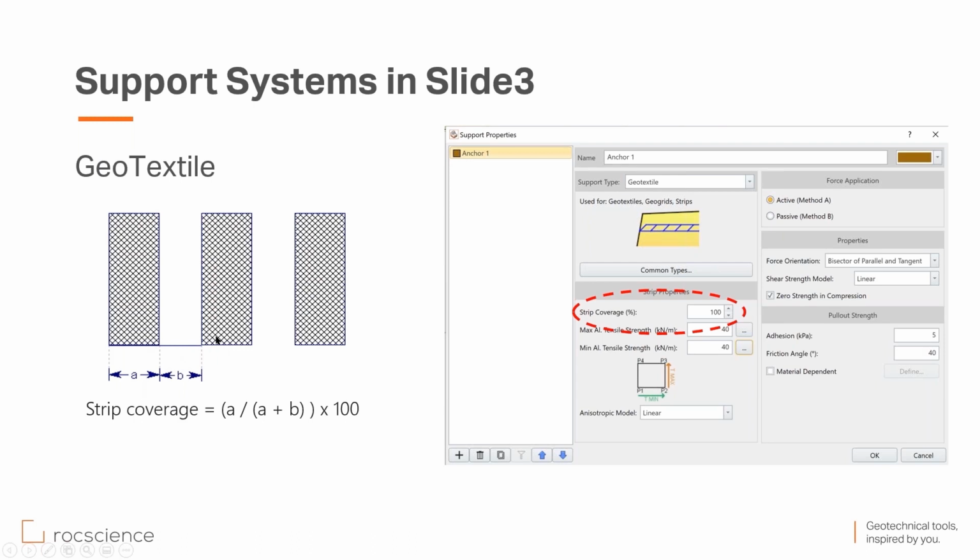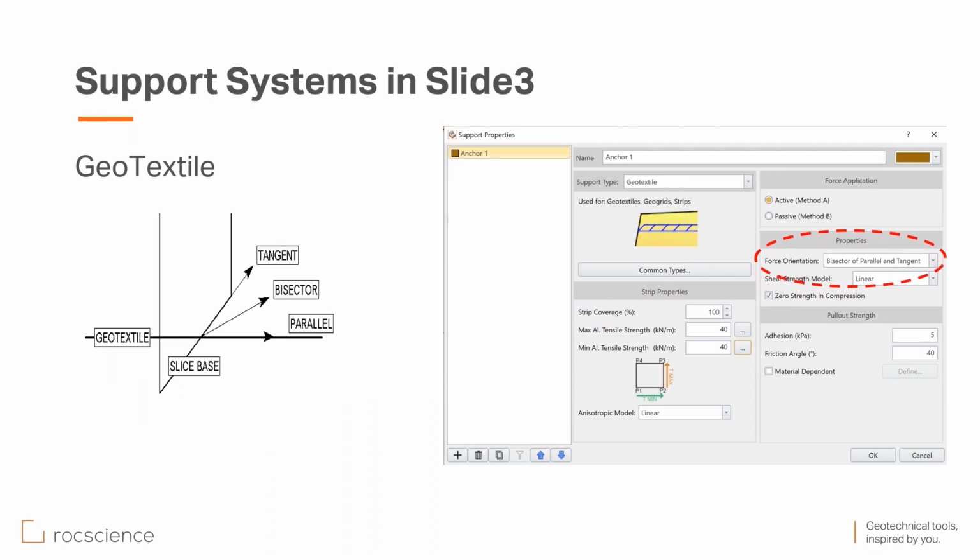If there is no spacing between two adjacent strips, the strip coverage would be 100%. But if there is any spacing, similar to here, the strip coverage is calculated using this equation, and it's going to be less than 100%.